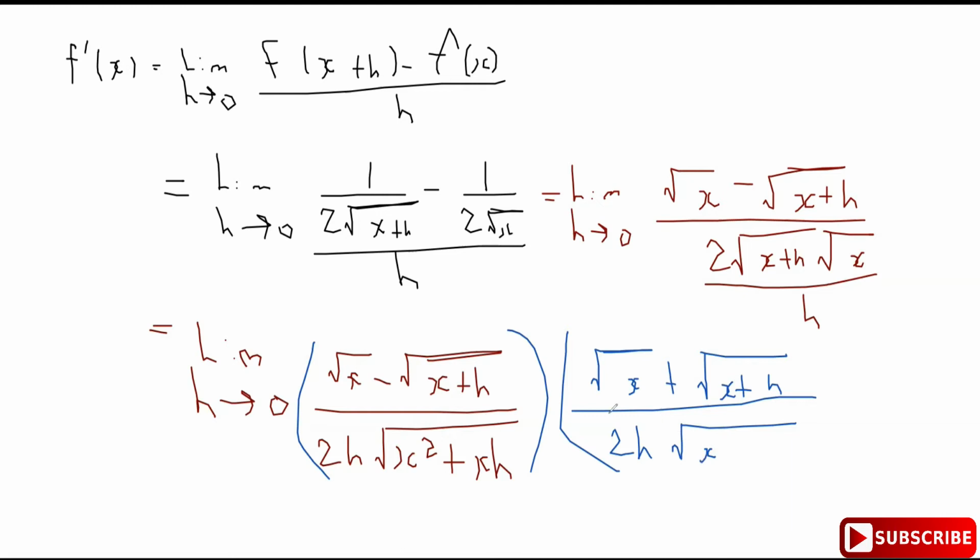Wait, the conjugate, sorry, what am I doing? This is root x plus root x plus h. So now we can multiply across the conjugate. We're almost there.